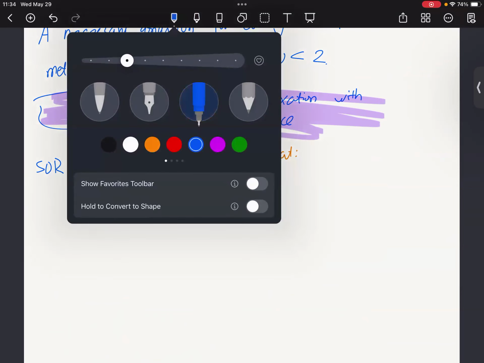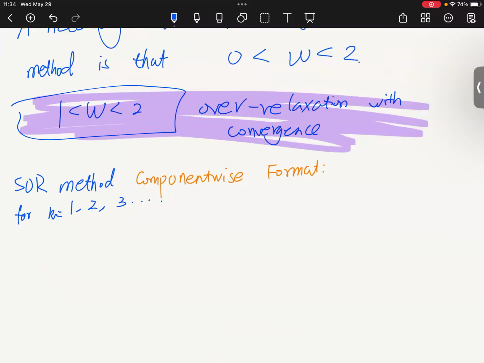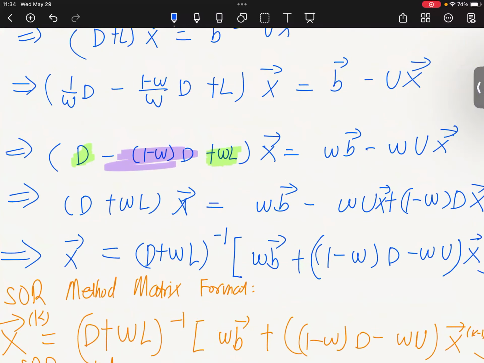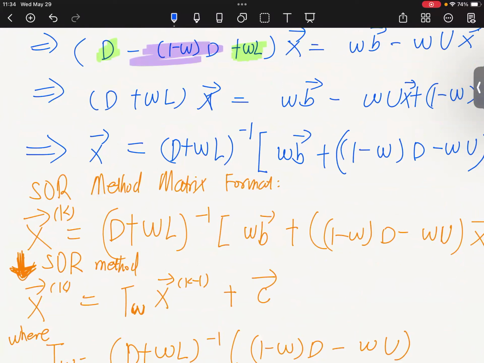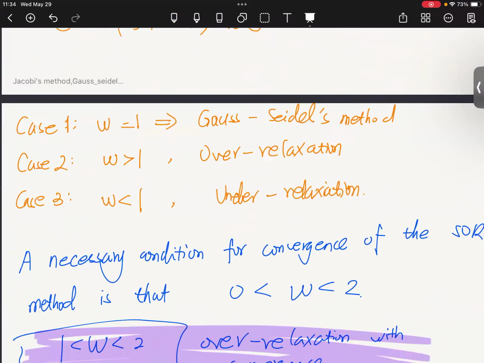So for each iteration, for k equals 1, 2, 3, because this should be the same as what we have here. On the left-hand side, we want the index to be k, and on the right-hand side, we want the iteration k minus 1. So let's go back to here.